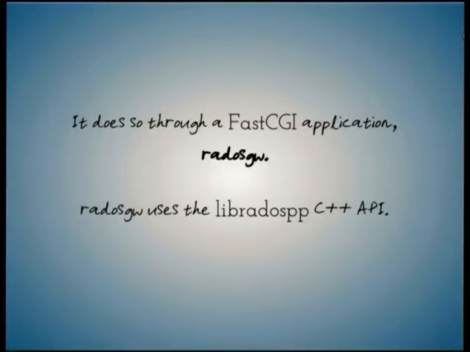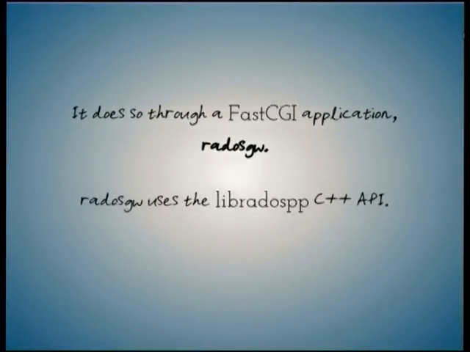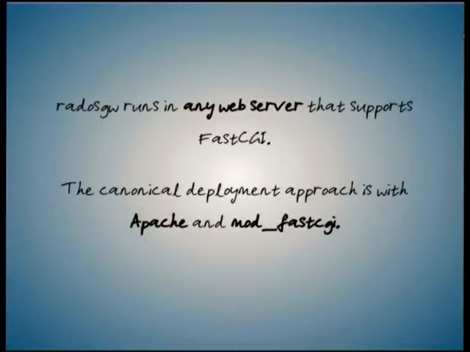And Ceph does that through a FastCGI application named Rados Gateway. And Rados Gateway itself uses the C++ API for Rados, called librados++, just in case you're interested. And Rados Gateway runs essentially in any web server that supports the FastCGI interface.